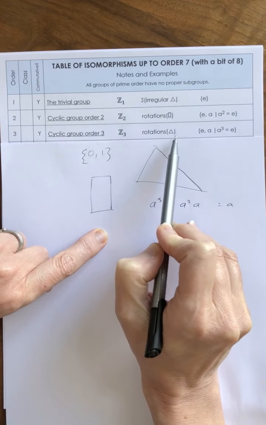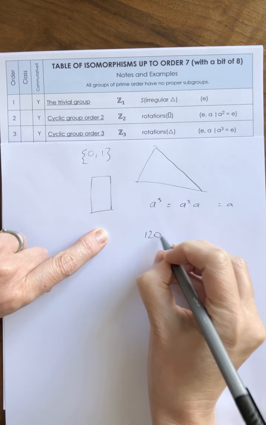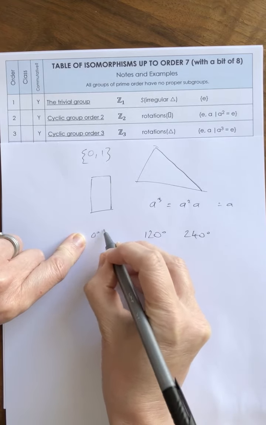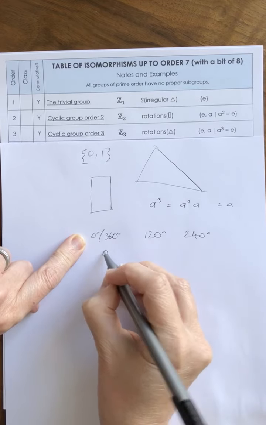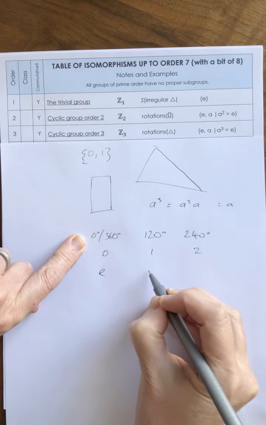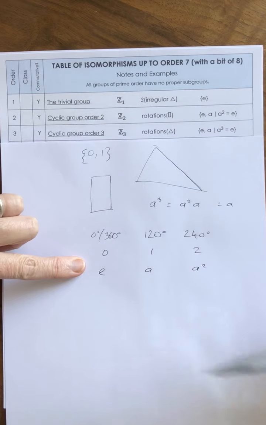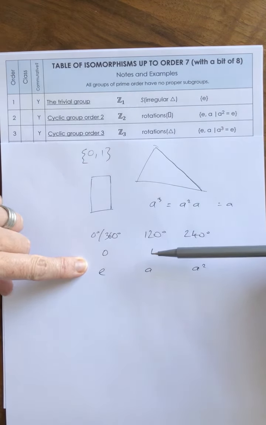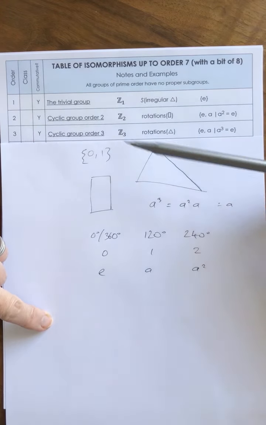For an equilateral triangle, there are 3 rotations: the 120 rotation, the 240 rotation and the 360, or 0, rotation. Z3 has elements 0, 1 and 2, and the elements in there would be E, A and A squared. All these are equivalent, even though they're very different groups. A is a generator, 1 is a generator, 120 is a generator, so they're all cyclic groups.